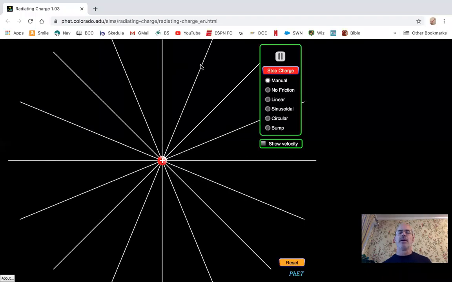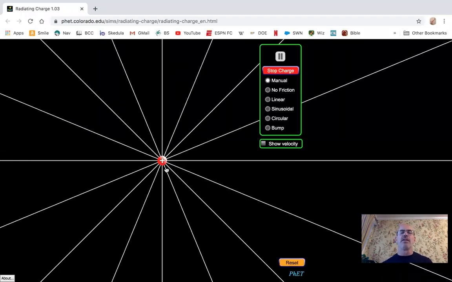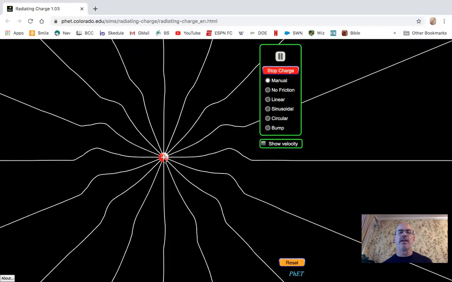You'll notice that this is a positive charge, and as we learned last semester, positive charges radiate an electric field outward in all directions. But what happens if I actually move that positive charge, and give it a little tug?